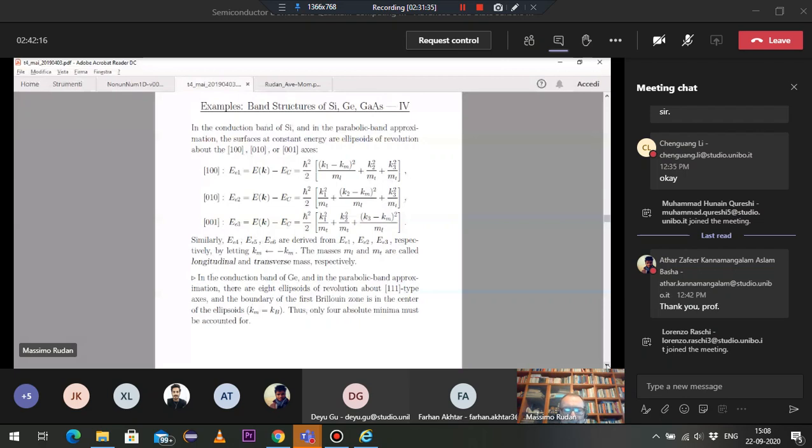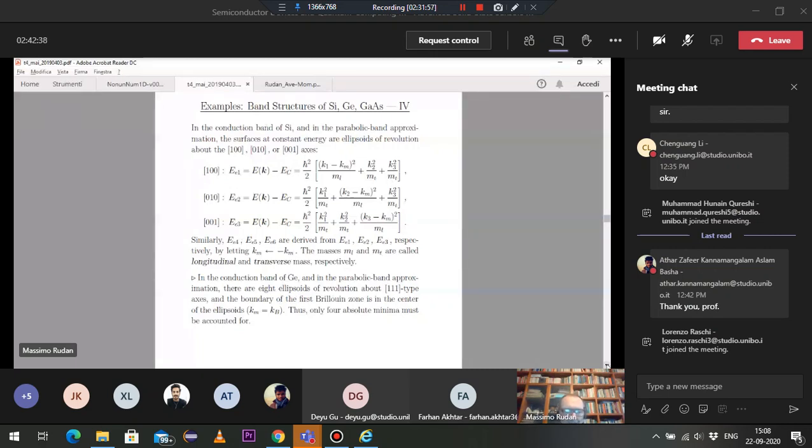Okay, so look at the 1, 0, 0 case, and consider the minimum that is on the right, so in the positive direction of the K1 axis, with respect to the gamma point.